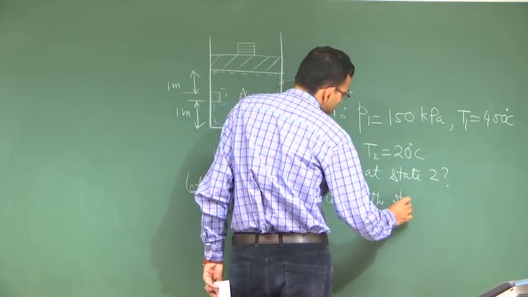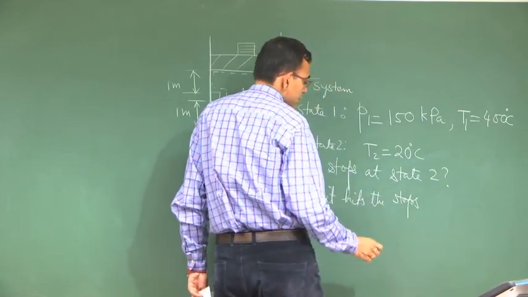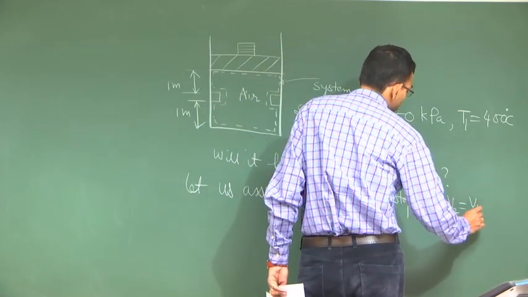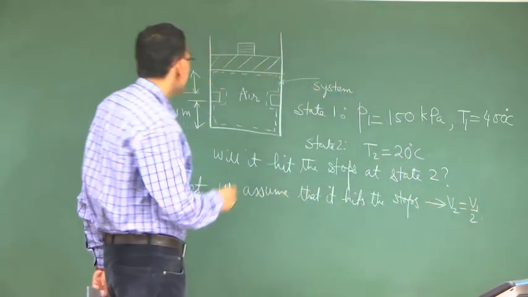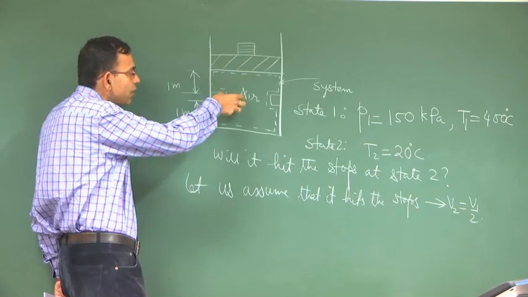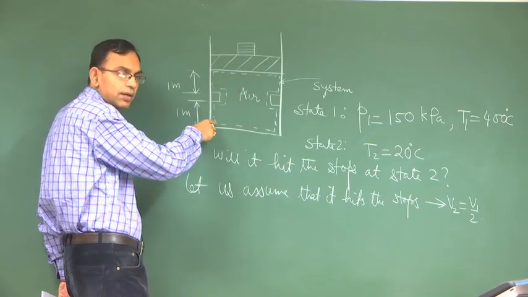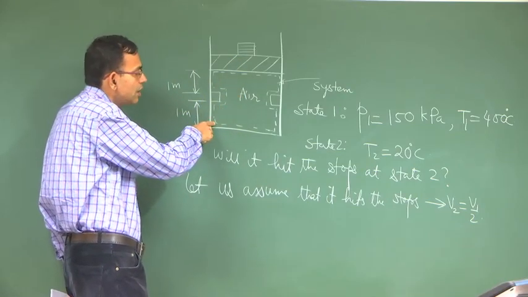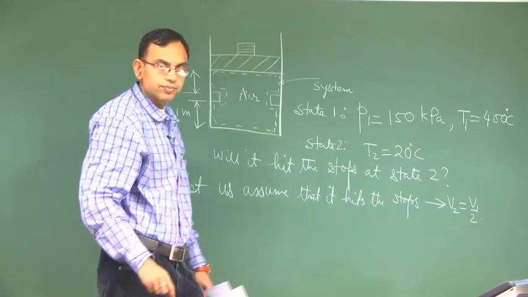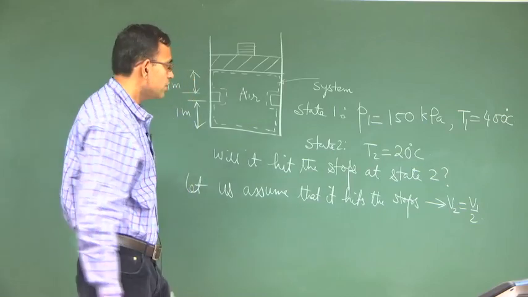If it hits the stops, then in that case V2 is V1 by 2. Why? Initial height is 1 meter plus 1 meter, when it comes down and hits the stops the height is 1 meter. So, area of cross section remaining the same, V2 becomes V1 by 2.